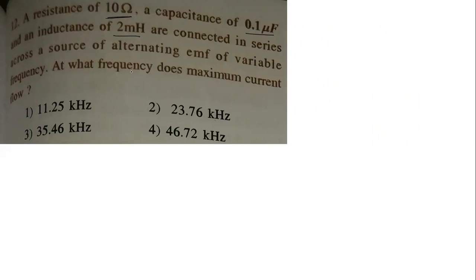At what frequency does maximum current flow? For maximum current, the frequency must be the resonant frequency. The condition is XL equal to XC. Then directly I can write frequency equal to 1 divided by 2 pi into square root of L times C. That is the frequency for maximum current.